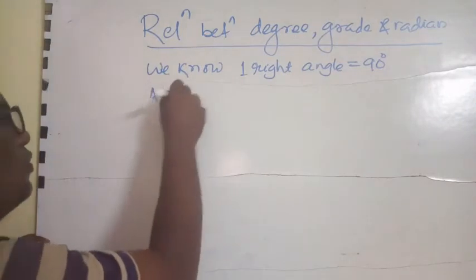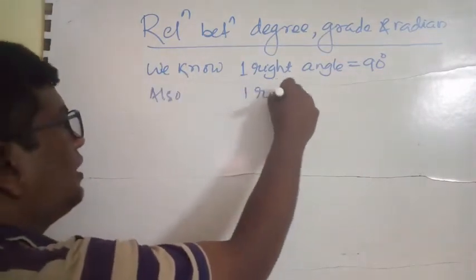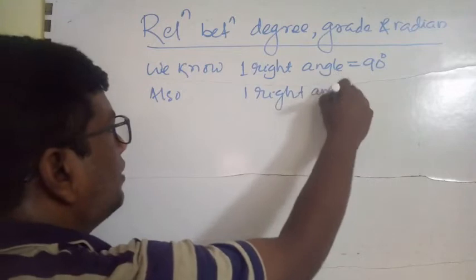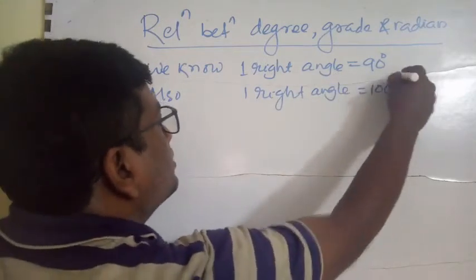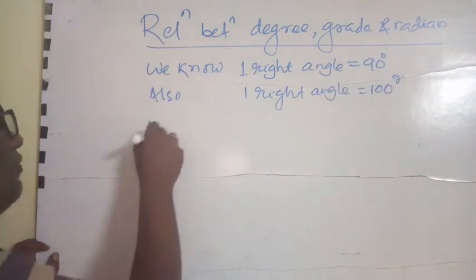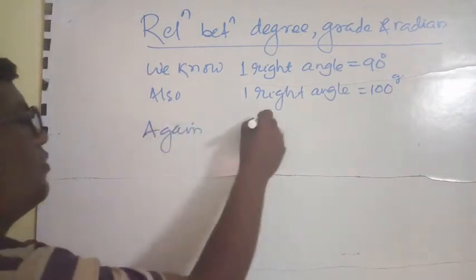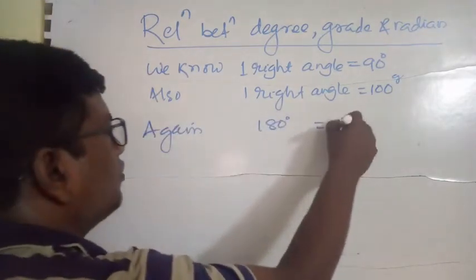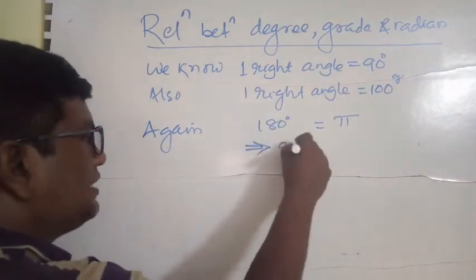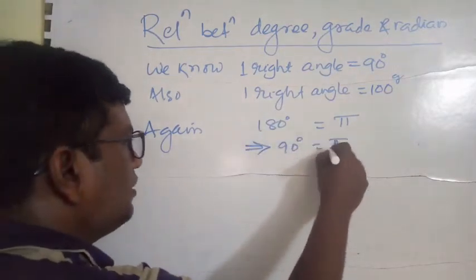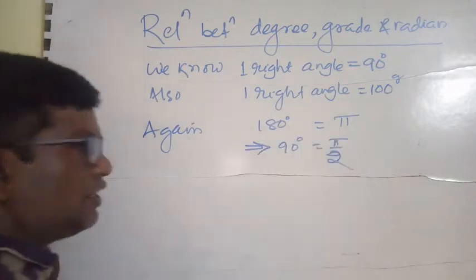Also we know one right angle is equal to 100 grades. Again we know 180 degree is equal to pi radian. Divide by 2, that is 90 degree is equal to pi by 2 radian.